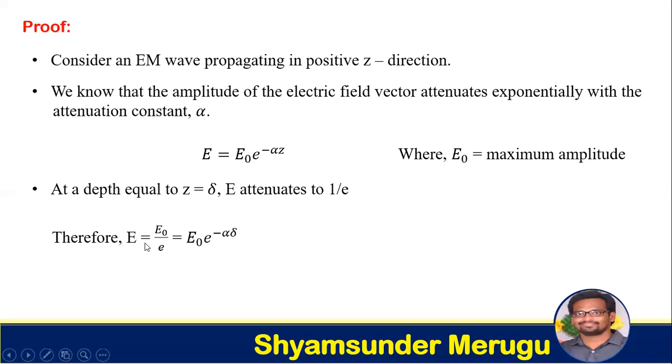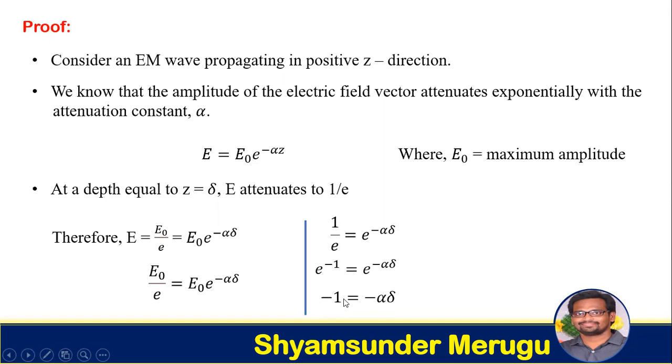Therefore, we can write E equal to E naught over e, which is equal to E naught e power minus alpha delta. Equating these two terms, we get 1 over e equal to e power minus alpha delta, and we can write 1 over e as e power minus 1, which is equal to e power minus alpha delta, so that minus 1 equals minus alpha delta. Now delta becomes 1 by alpha in meters.